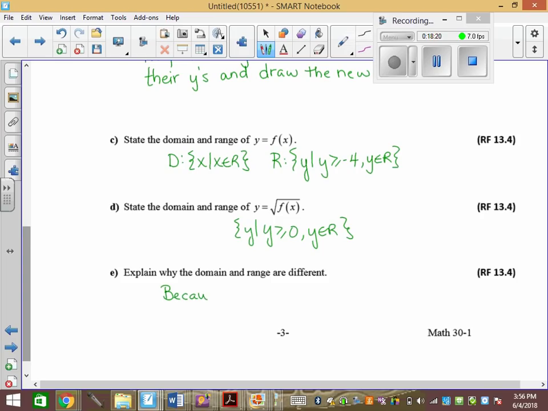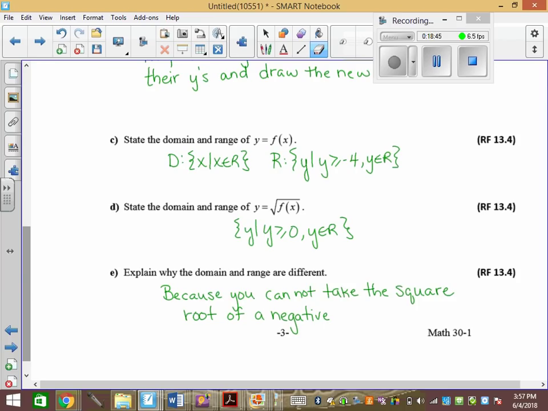Because you cannot take the square root of a negative y value, sorry. So on the radical graph, all those corresponding x values that have negative y values will go away.